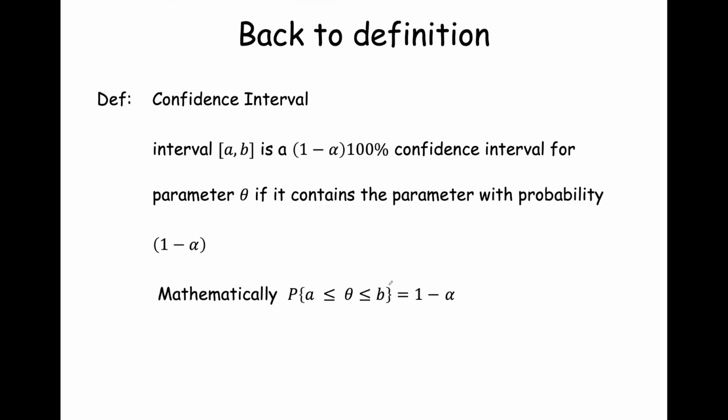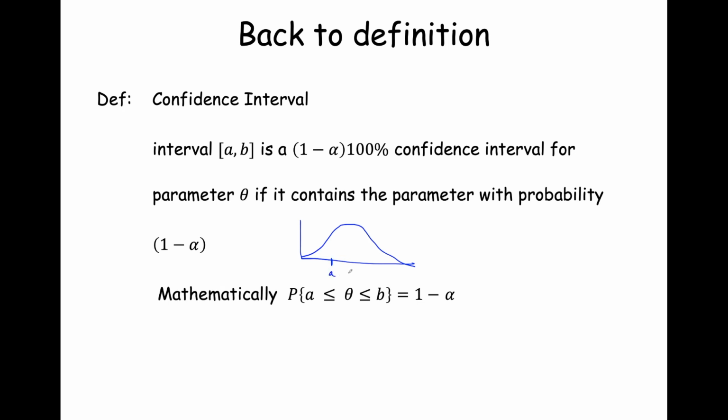Okay, so we have our confidence interval. Let's take a look at what this means mathematically. So we said the confidence interval, AB, is a 1 minus alpha times 100% confidence interval for some unknown parameter, theta, if it contains the parameter with that probability 1 minus alpha. So that means the cumulative distribution, the area under the curve more correctly, between those intervals A and B has to add up to 1 minus alpha.